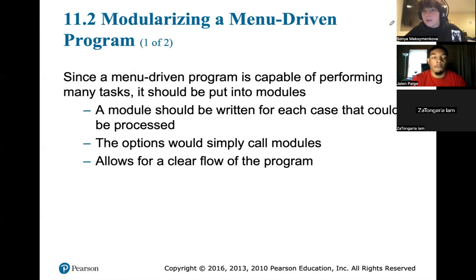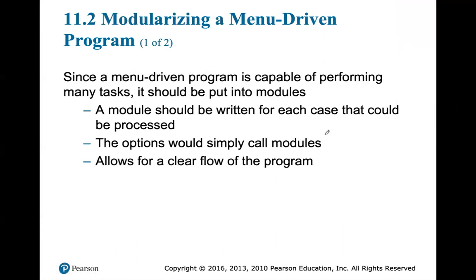All right, let's see, performing many tasks. Your menu will usually have a lot of other options for the user to go through. Maybe not just 1, 2, 3, maybe more, like maybe you will have, I don't know, 20 options for the user to pick from. You never know how many your program might need.